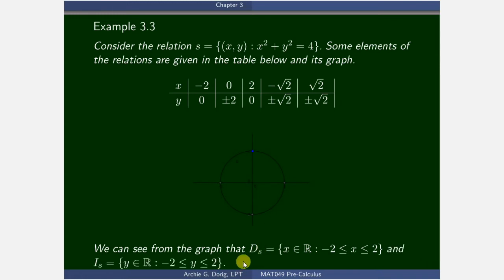And the image of S lies on the y-axis. So we have y, an element of the real numbers, such that y is between negative 2 and positive 2. That is the domain of S and the image of S.